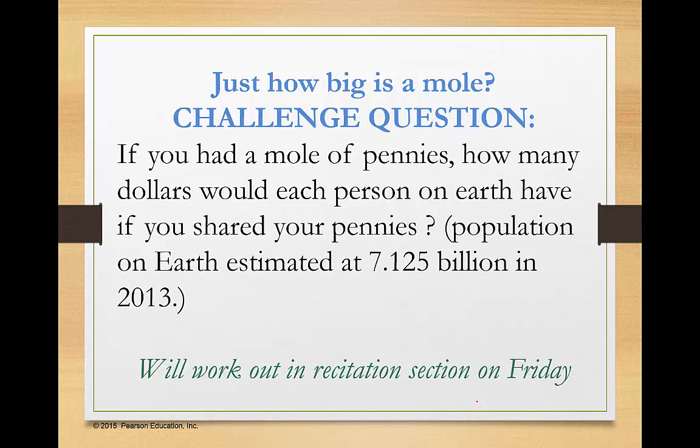We're going to use the estimate from 2013, which is approximately 7.125 billion people on Earth. So if you distribute a mole of pennies among 7.125 billion people, how much money in dollars would every person have? Try working that out if you can. We will take a look at that at our next Friday session.